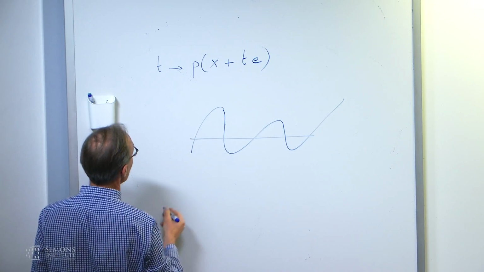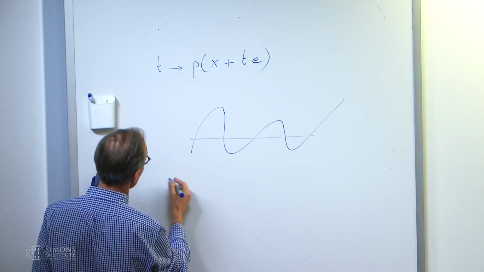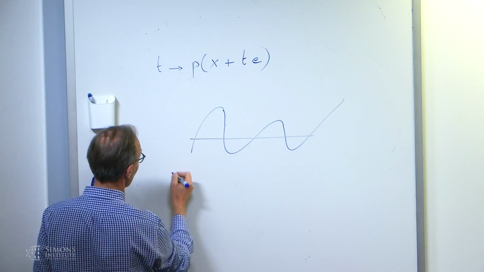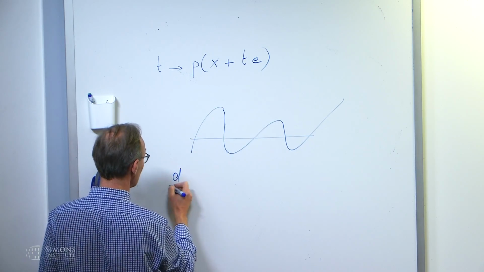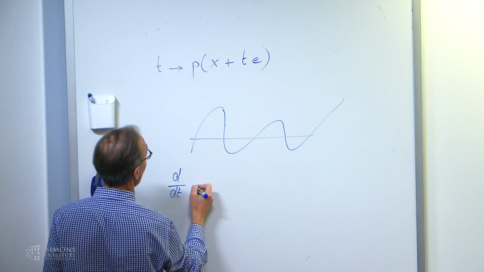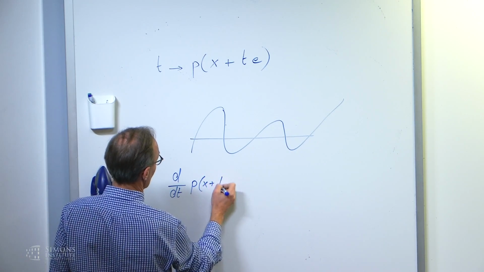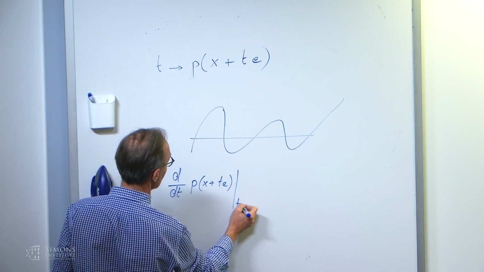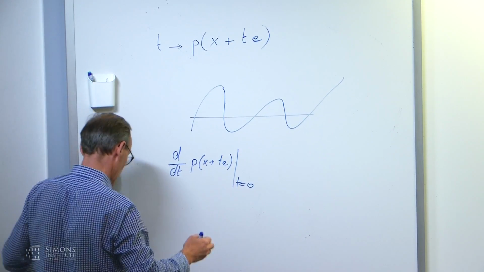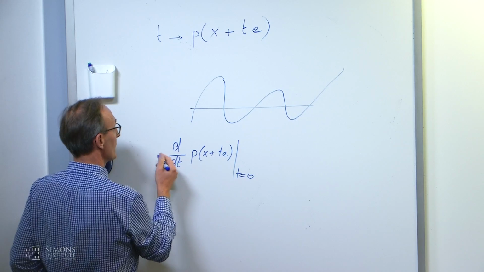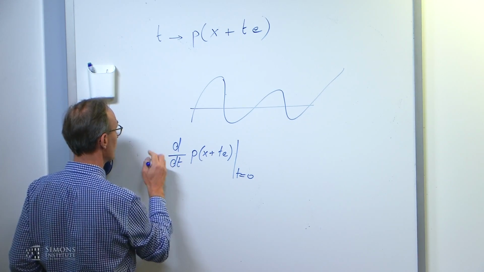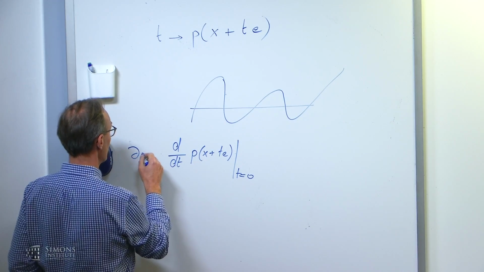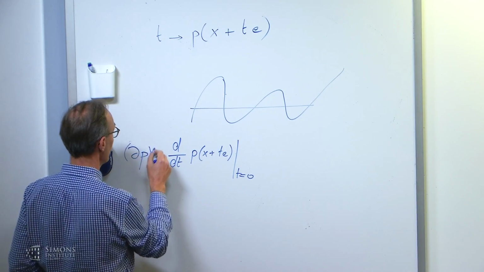For example, we could look at the first derivative, which would be to take the derivative of this with respect to t and evaluate that at t equal to 0. So let's call this del P in x.